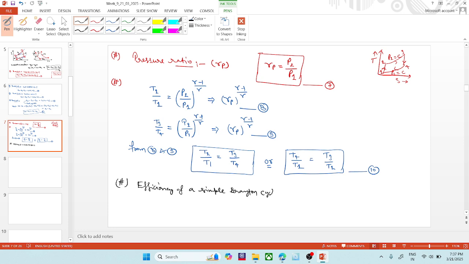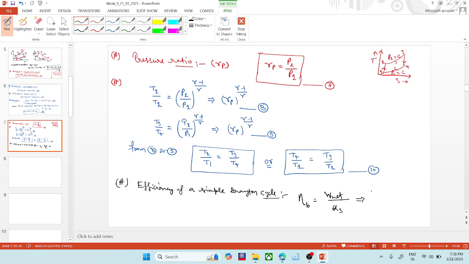So the efficiency would simply be the net work divided by the heat supplied. So efficiency of the Brayton cycle would be W net divided by the heat supplied.